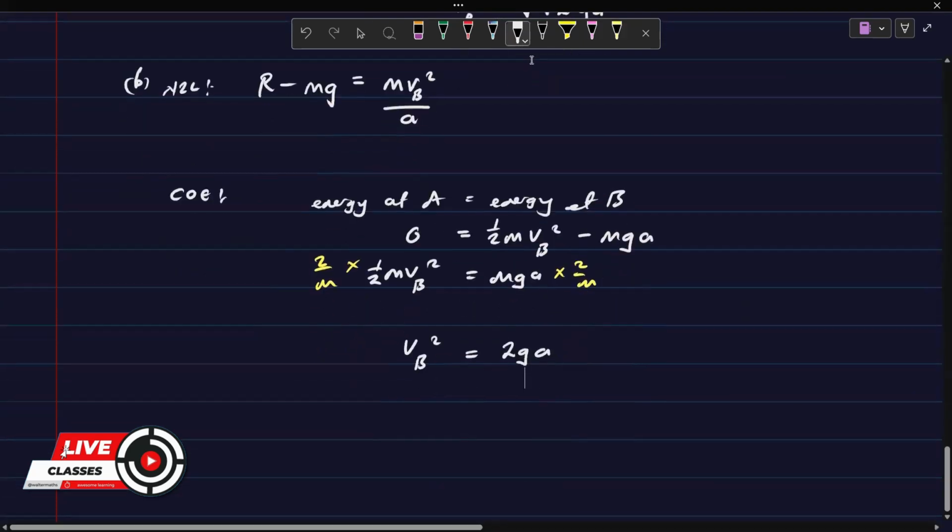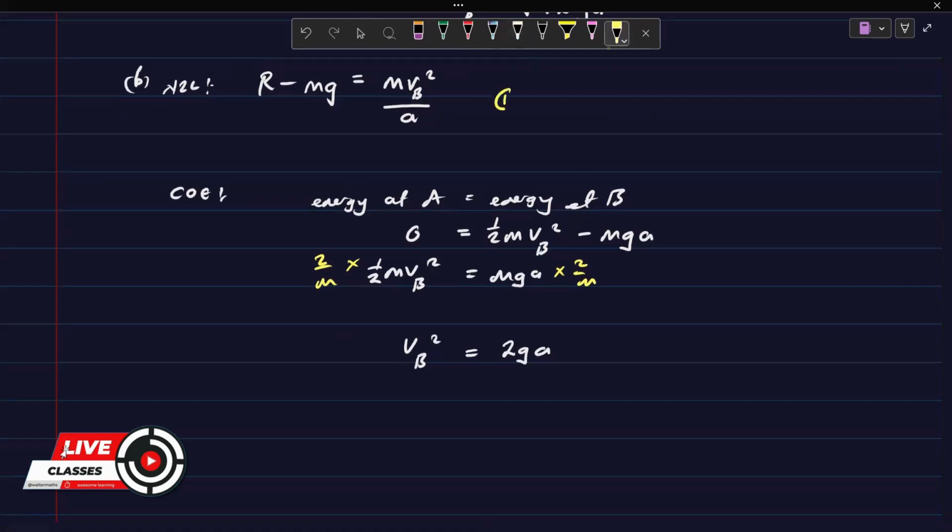If we substitute that into this equation, R minus mg is equal to m of v_B squared over a, but v_B squared is 2ga, so it's m of 2ga over a.